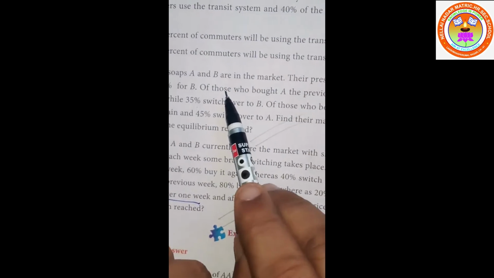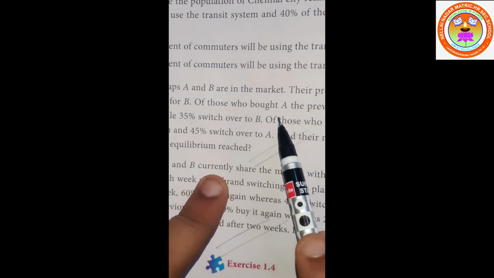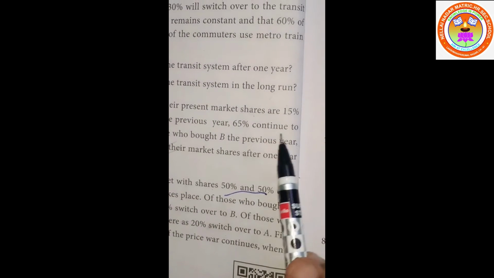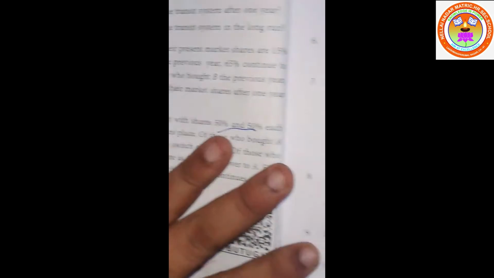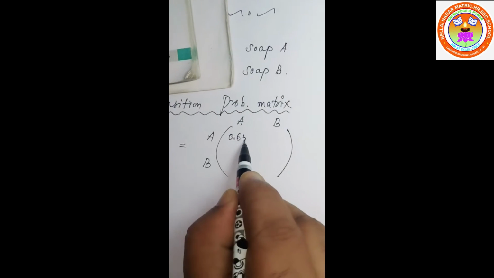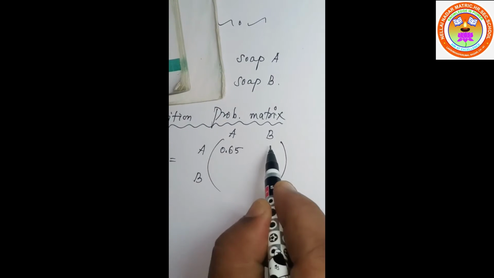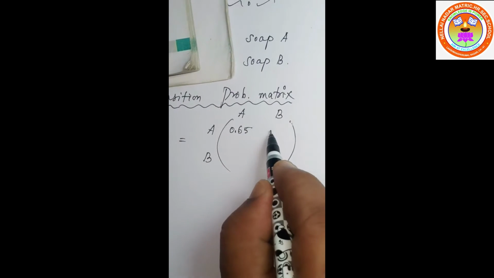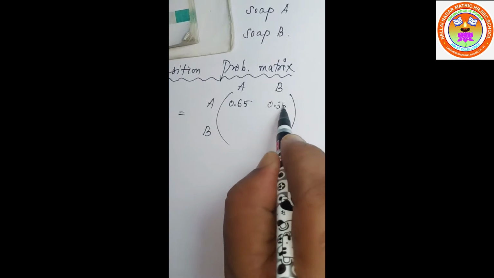First condition, of those who bought A the previous year, 65% continue to buy it again. So A with A, 65%, 0.65. Then switch over to B. What's the remaining percentage? Since it is 65, the balance is 35%, 0.35.